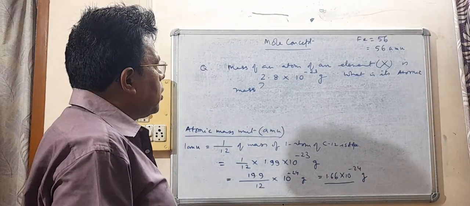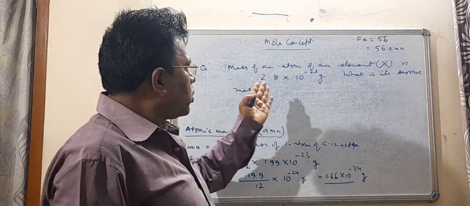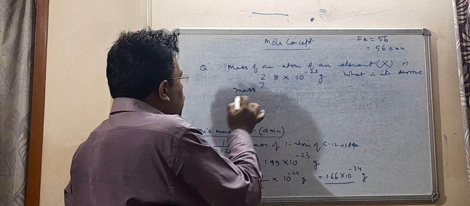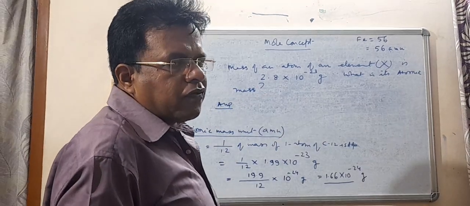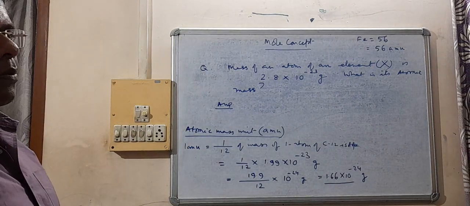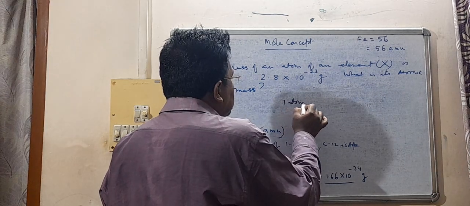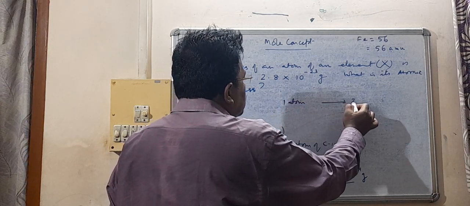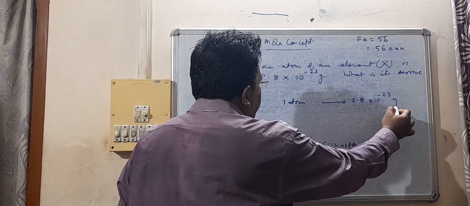So here, since the mass of one atom is given, we have to find out the mass of Avogadro's number of atoms. So one atom mass is 2.8 into 10 to the power minus 23 gram.